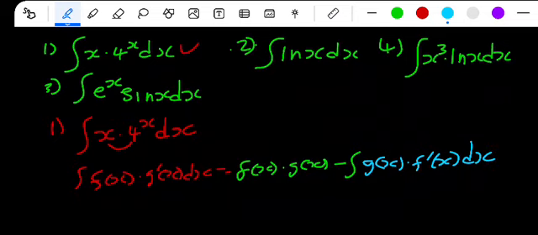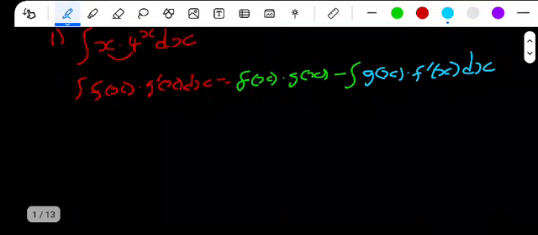So we're supposed to apply that formula there. All right, this is what we have.